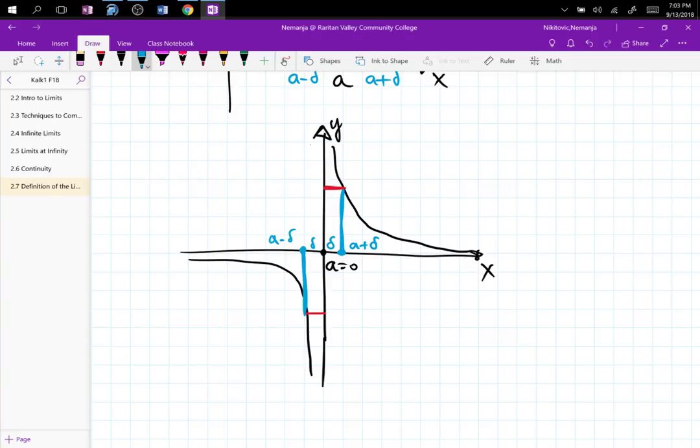Do you see that as you squeeze deltas, this over here is supposed to be L plus epsilon and L minus epsilon, right? Well, what happens as you squeeze? Let's go green.